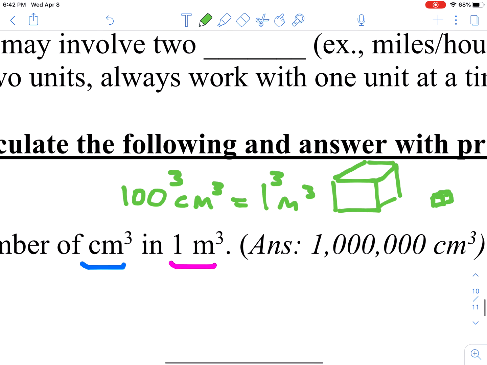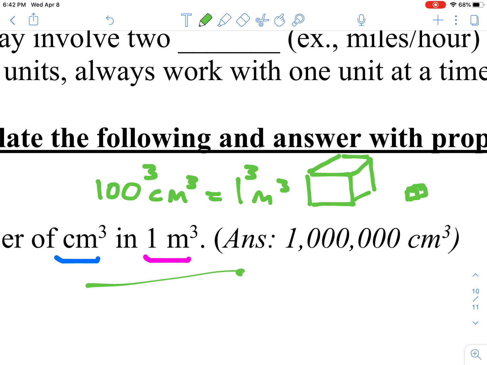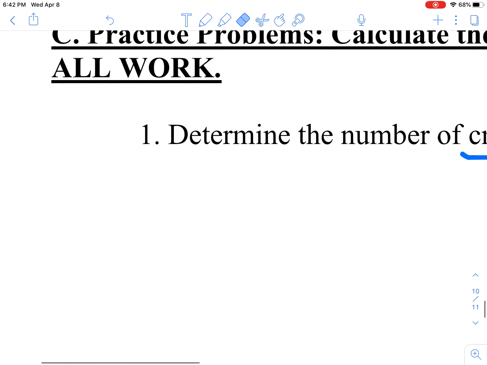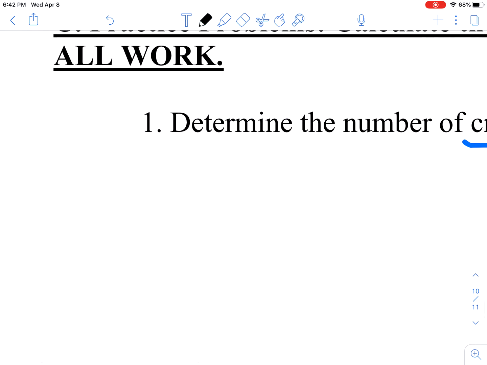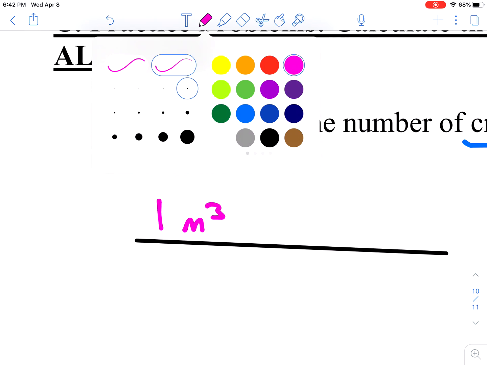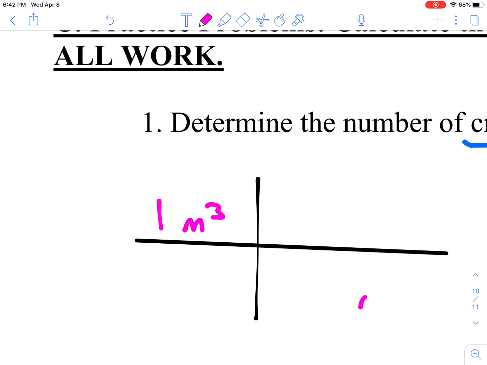So let's try this. We're going to start out with 1 cubic meter. And I'll set up our fraction. So 1 cubic meter we know needs to cancel out. So we will be putting cubic meter on the bottom of the next line.